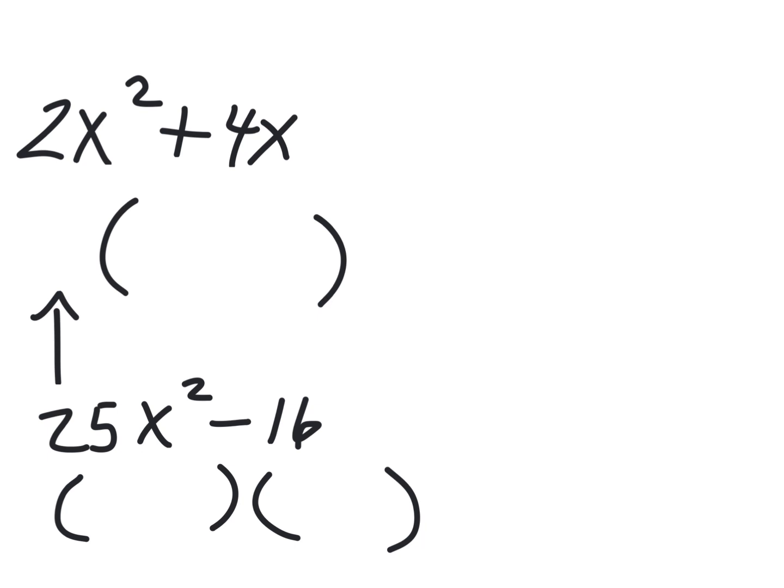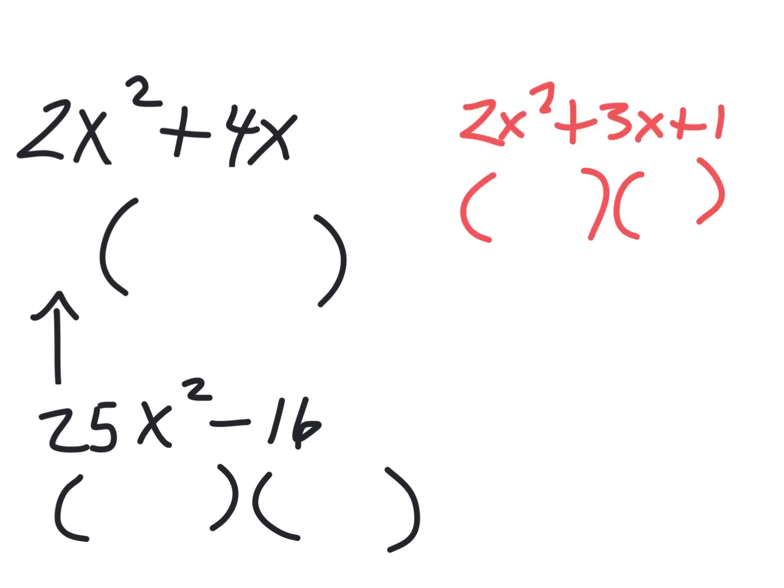Next, I'm going to do another medium, and it's 2x squared plus 3x plus 1. That's one of the kind where inside your factors, one of them has to be 2x.